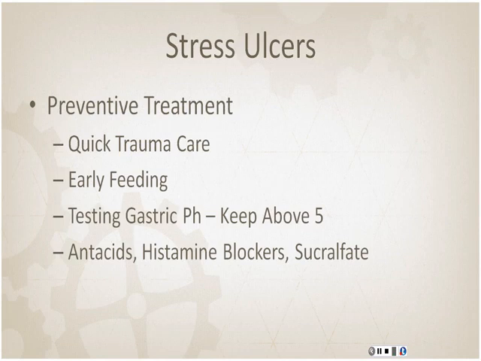So with stress ulcers here, the body's stress response can cause reduced blood flow to the stomach and the small intestines, which can cause ischemia and damage to the mucosa barrier, which then allows acid secretions to create these ulcers. Prevention is key. Some of the prevention strategies include quick trauma care, and this is to restore oxygen to the stomach, and early feeding within 24 hours to help with the stomach returning to normal function.